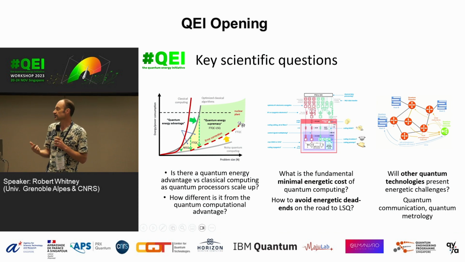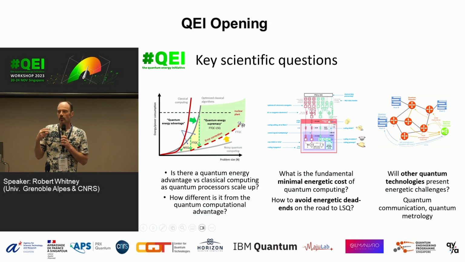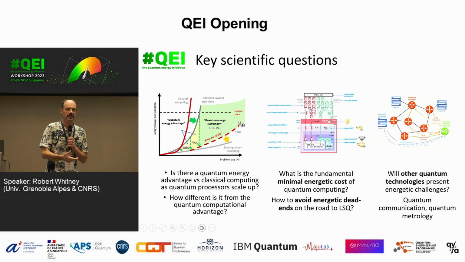So you could ask the question about, for example, quantum communication. We believe quantum communication is more secure than any traditional encryption method. But absolute security is rarely useful in real life.